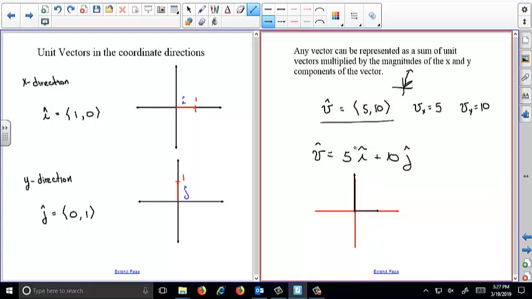And when you add those two vectors together, you take the tail of the second vector and connect it to the tip of the first vector, and what that gives you is a resultant vector. It looks like that. So you can see they both give the same result. It's just a different way of representing vectors.